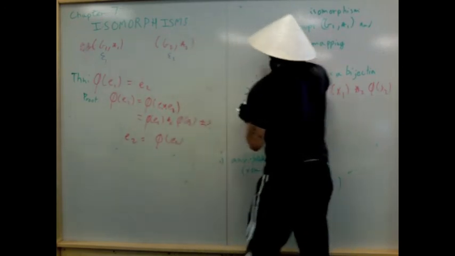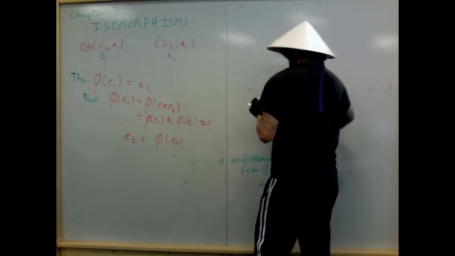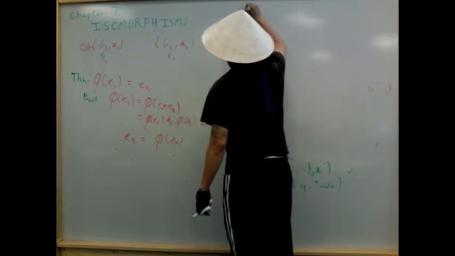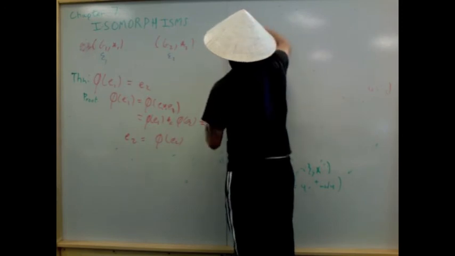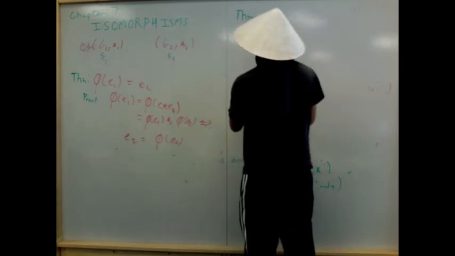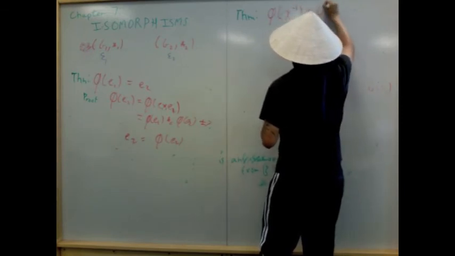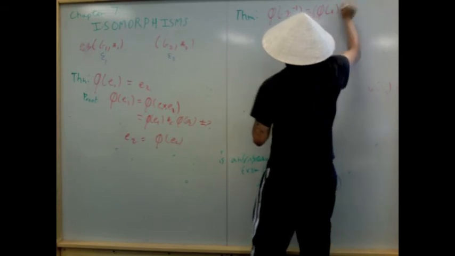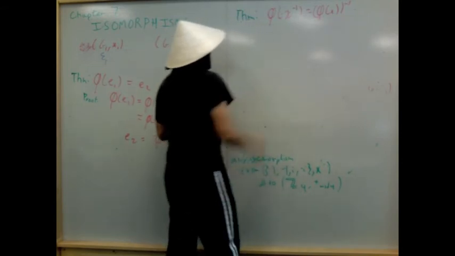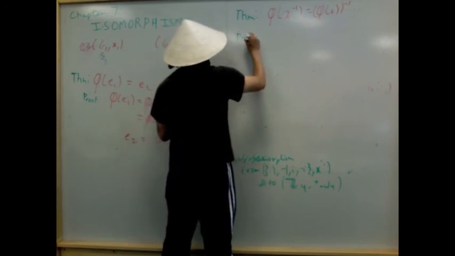Second theorem. Phi of x inverse equals phi of x, inverted. So it maps the inverse of x to the inverse of phi x. So inverses are mapped to inverses. It's still very simple.